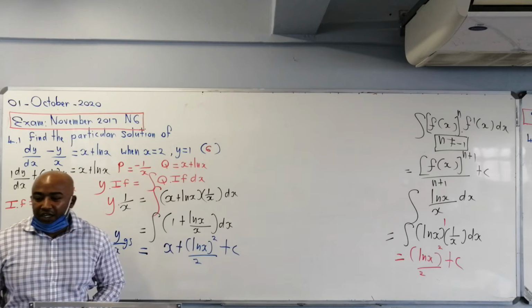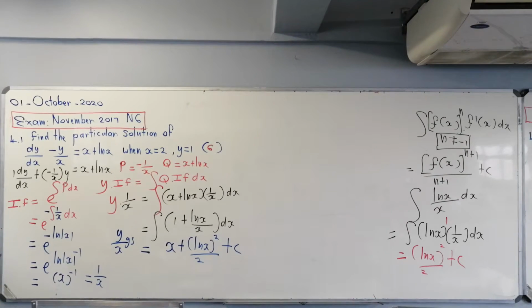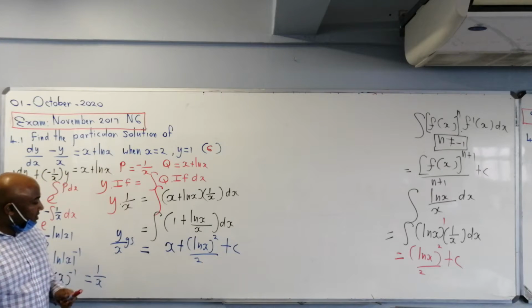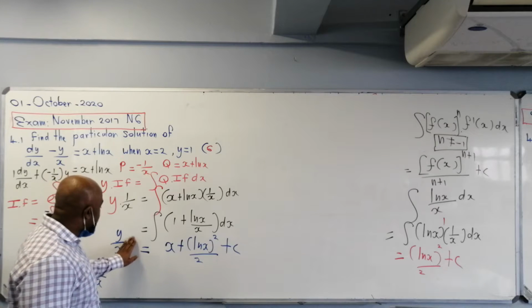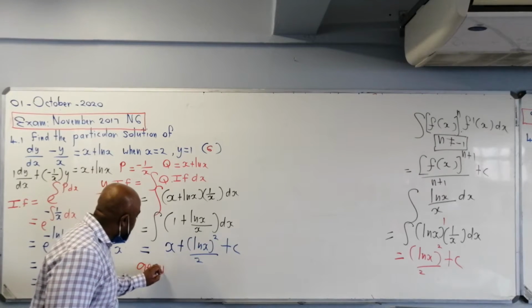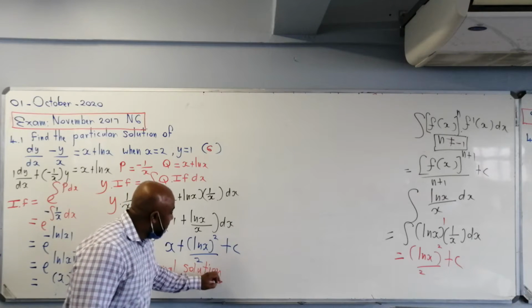That is my general solution. Okay, so now I'm going to work out the particular solution. Alright, so what happened now? This is just the general, so I'm writing GS, let me just write it down properly. This is the general solution.